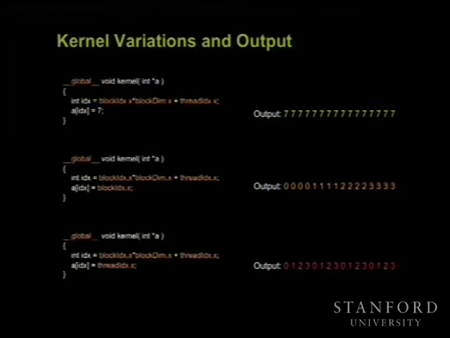And finally, the thread ID is not unique globally. It is just unique in a thread block. So if you just copy a thread ID into your output, you'll get this repeating pattern. This is again a reminder that if you want your global ID, you need to look at both your block ID and your thread ID, or else you'll be reading from exactly the same spot and writing to exactly the same spot for every thread block in the whole grid.